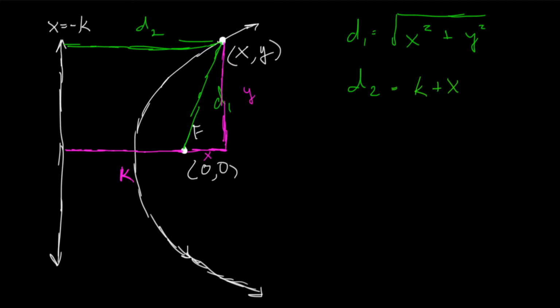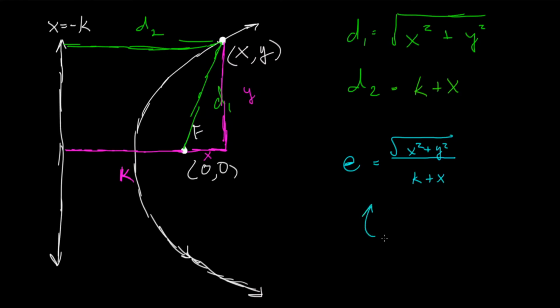All right, so the question that stands now is the equation e, which is a constant, equals d1, the square root of x squared plus y squared, over k plus x. Is this in agreement with the conic section formulas that we already have?